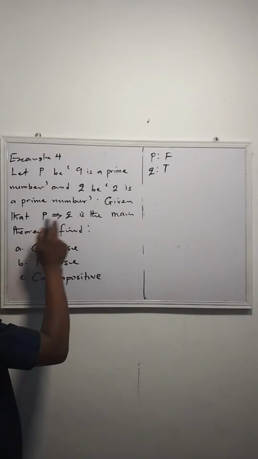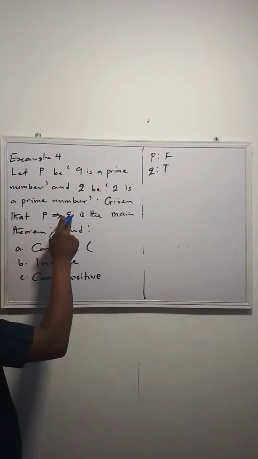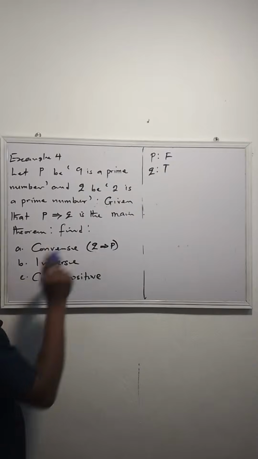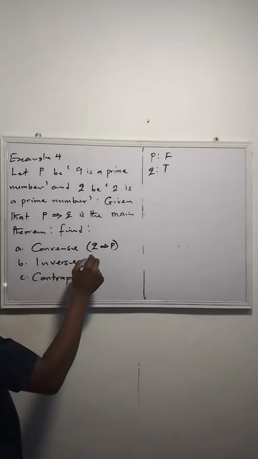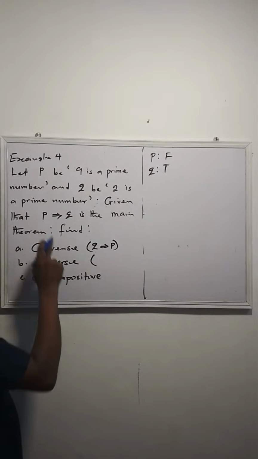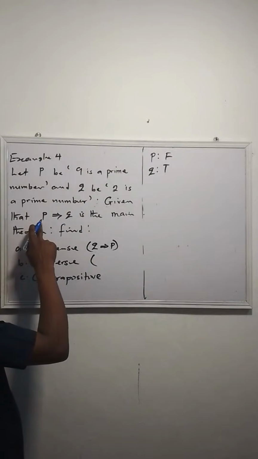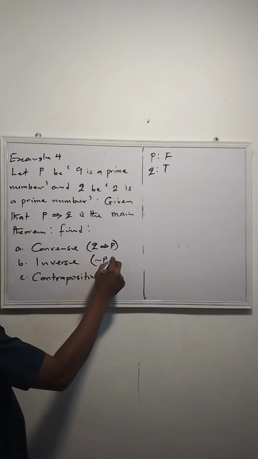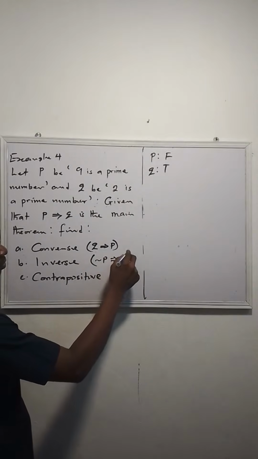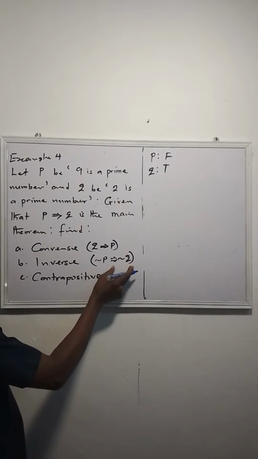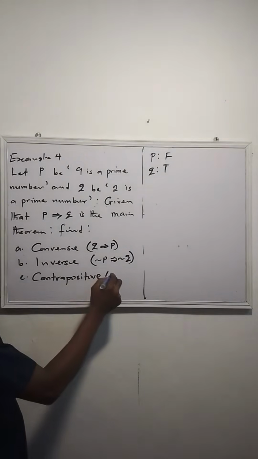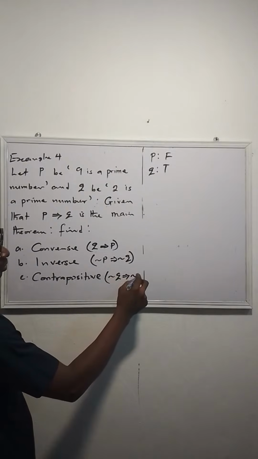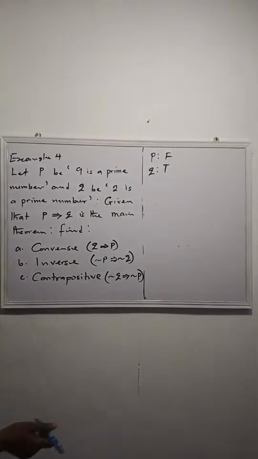If this is the main theorem, P implies Q, the converse is just the reverse of this, so it is going to be Q implies P. The inverse is the negation of P implies the negation of Q. And the last one, the contrapositive, you just reverse the inverse, so you have negation of Q implies negation of P.